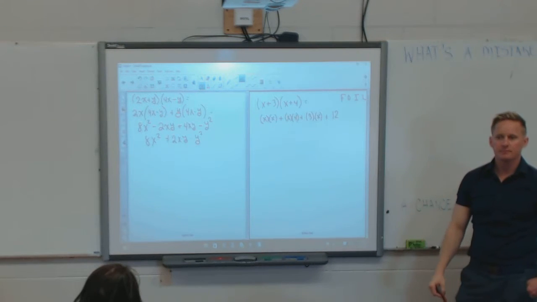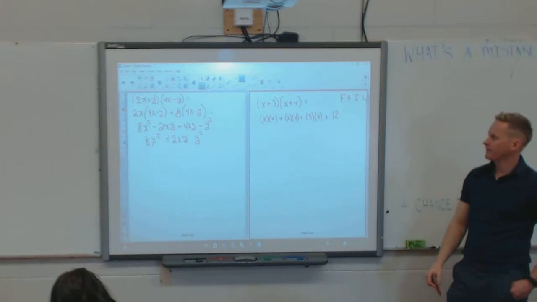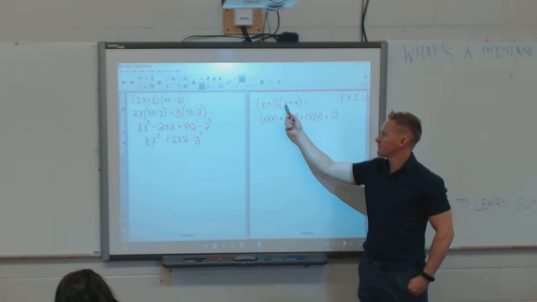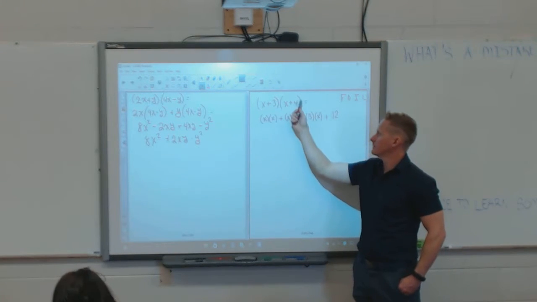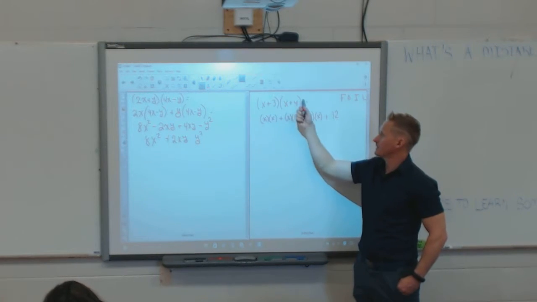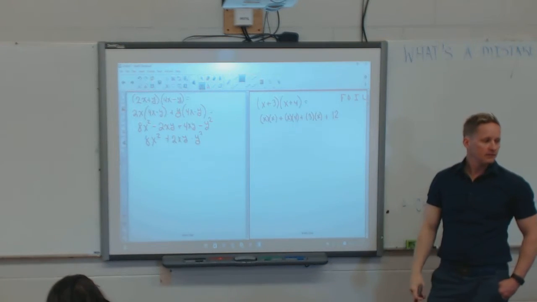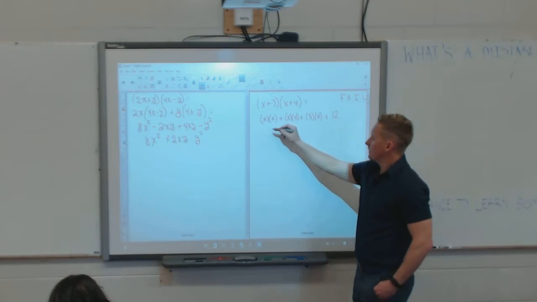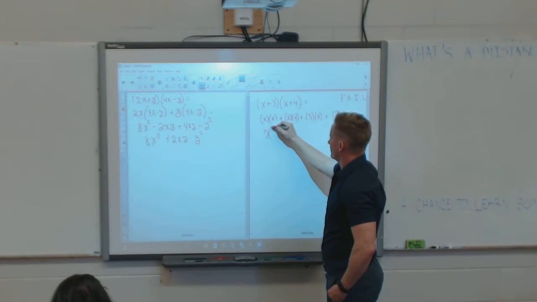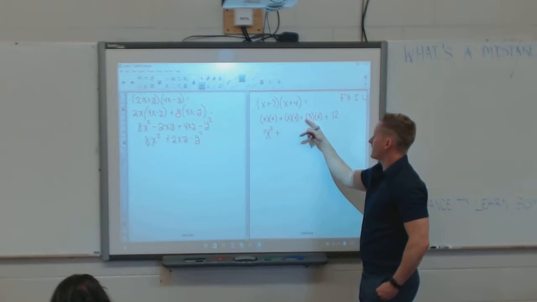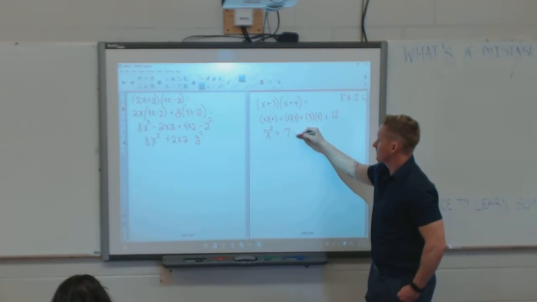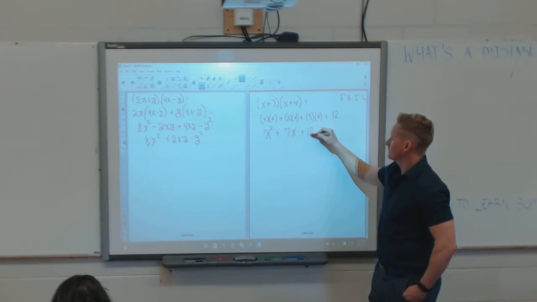Like that. First in the brackets, outside, inside, last. So x times x is x squared plus 4x, add 3x, which is 7x, add 12.